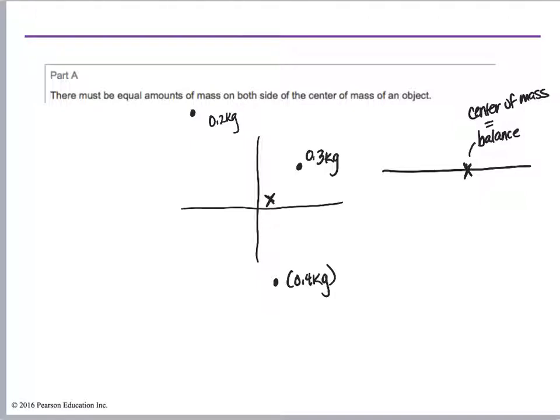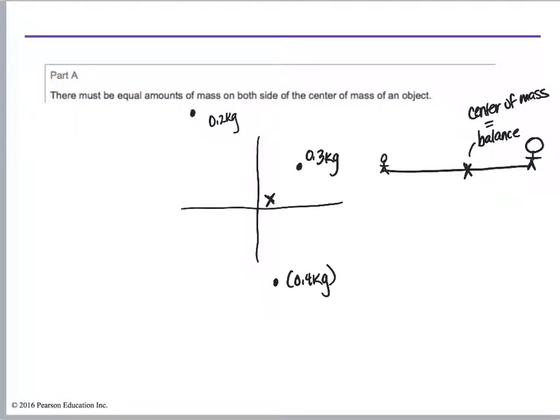If you ever played on the seesaw when you were little and wanted to balance with your friend, it always depended on who was the larger kid. If you're one of those little petite kids, you had to go far out on the seesaw to balance one of your bigger friends.